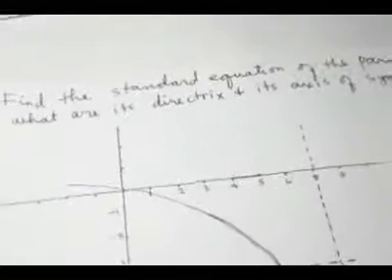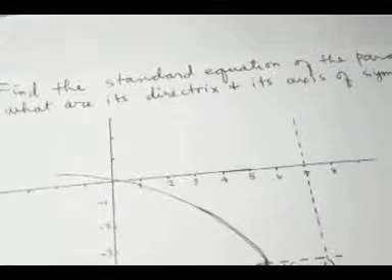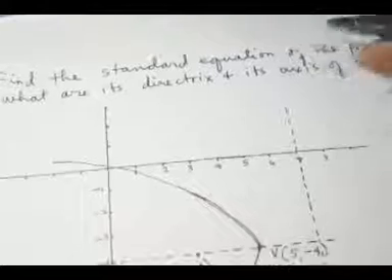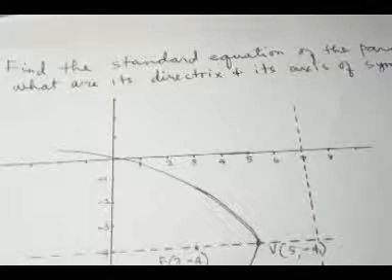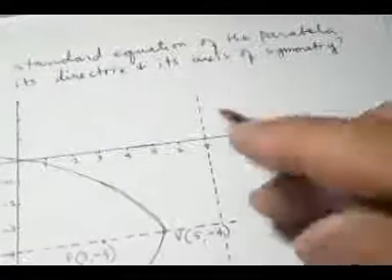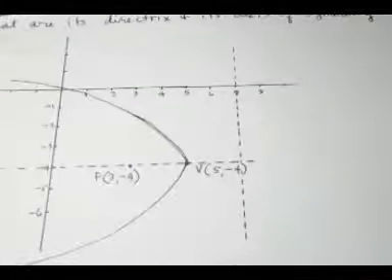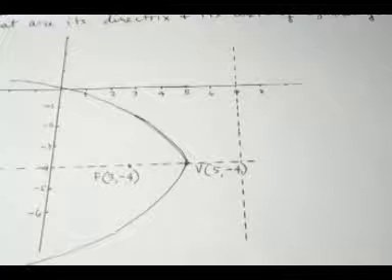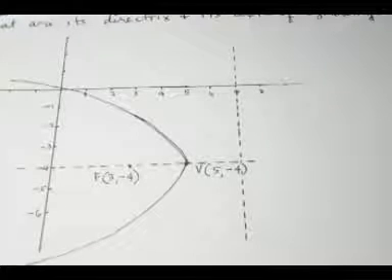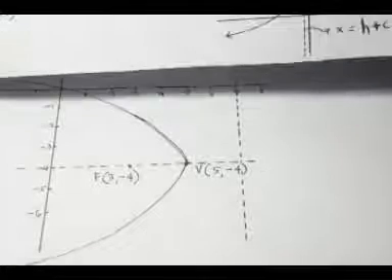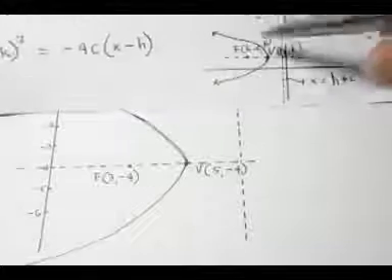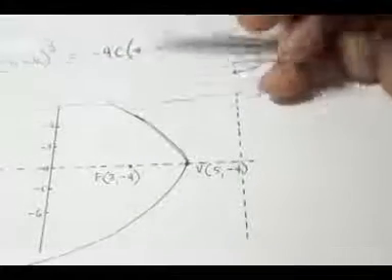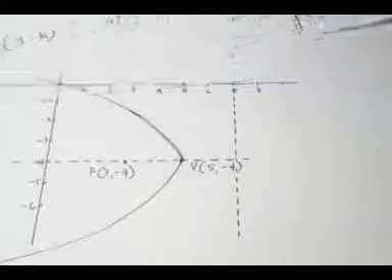Okay, next problem. Find the standard equation of the parabola. What are its directrix and its axis of symmetry? Now we have here a parabola that opens to the left, and remember the types of the equations and their corresponding graphs. Opening to the left has this type of equation.